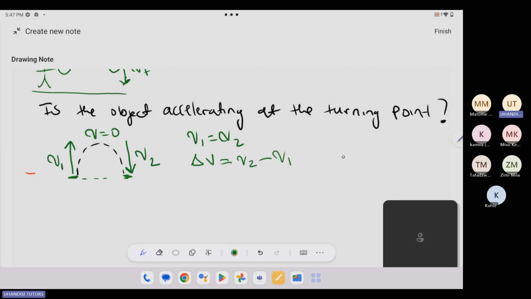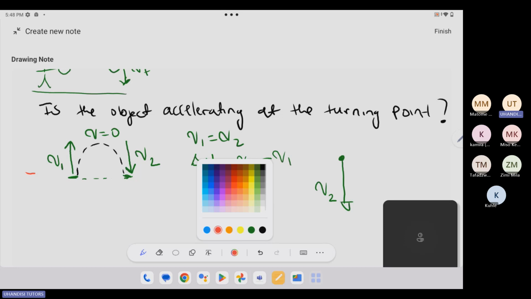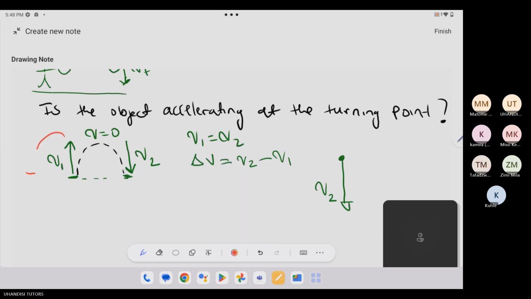So let's draw it on a diagram. This is the starting point. My v2 is pointed downwards. That's my v2. But I have to change the direction of v1. So at the head of this vector, you are going to draw v1, but v1 should be pointed in the opposite direction. There you go.